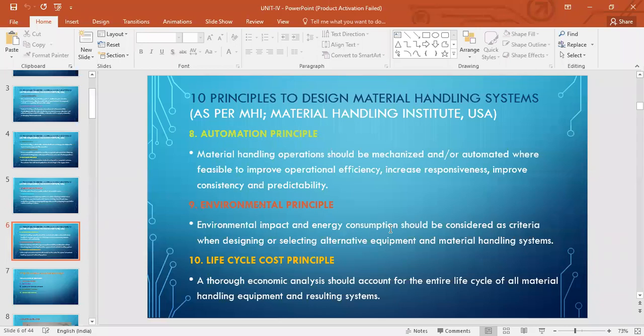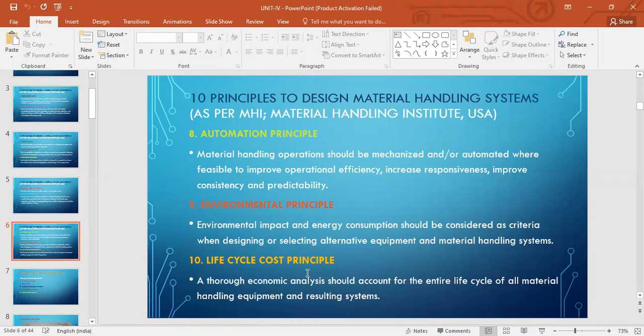Only those which are required or essential will be used, so that we can save on energy because the weight of the equipment that the system is handling is less, therefore energy consumption would be less. So when you're trying to design it or select a system or equipment, you have to look at the environmental aspects also.